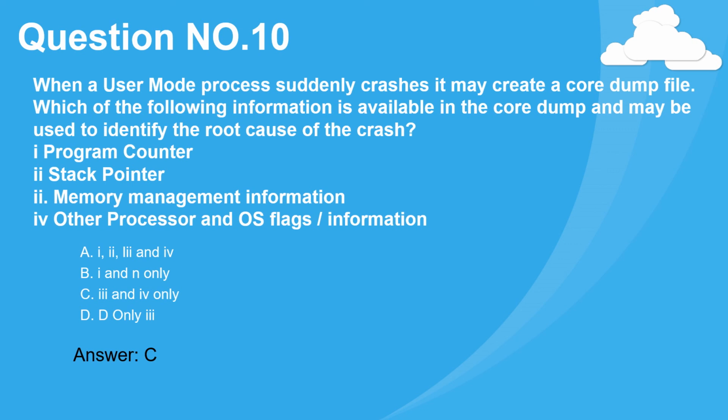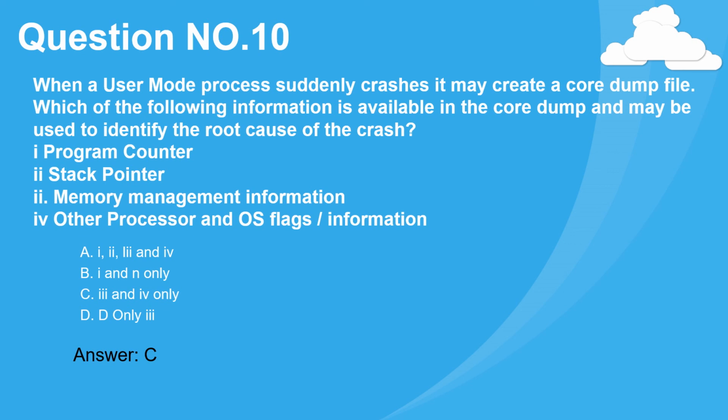Question no. 10. When a user mode process suddenly crashes, it may create a core dump file. Which of the following information is available in the core dump and may be used to identify the root cause of the crash? I. Program counter. II. Stack pointer. III.